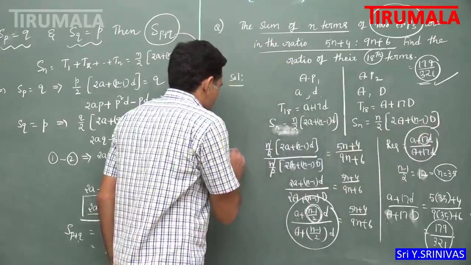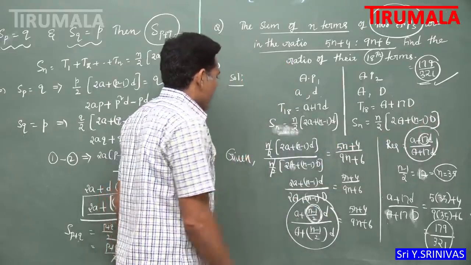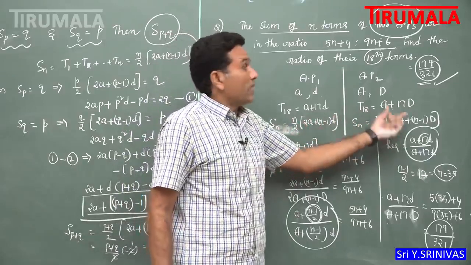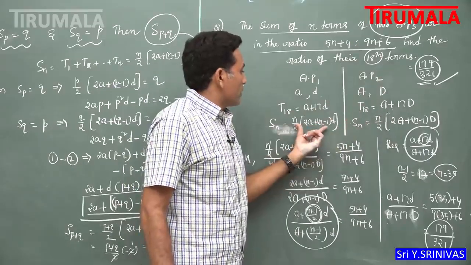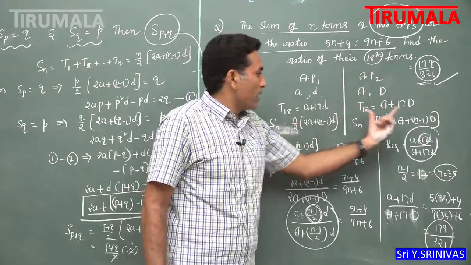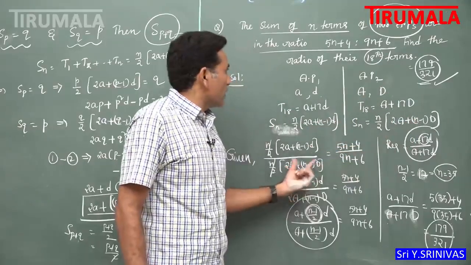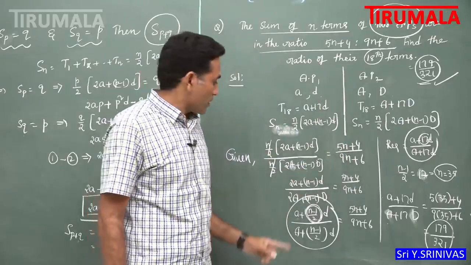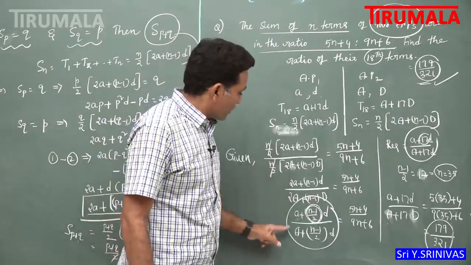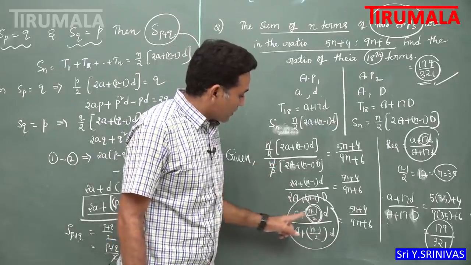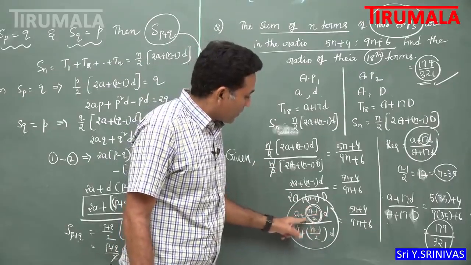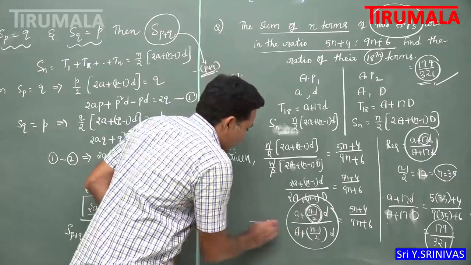What is given? The ratio of the sum of n terms of the two APs, sum of n terms of the first AP by sum of n terms of the second AP, is 5n plus 4 by 9n plus 6. After simplification, we get a linear form, a plus n minus 1 by 2 into d. If it is 17, observe students, it is the main logic.